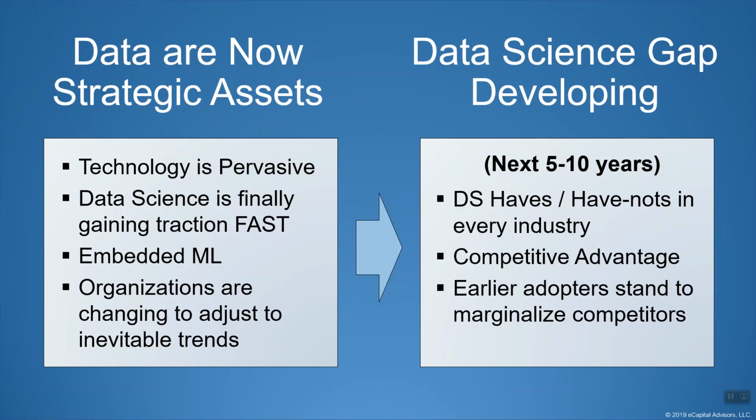Over the next 5 years, and certainly over the next 10 years, companies who are adopting predictive analytics, decision optimization, data science, and advanced analytics will start to get a foothold and be part of this gap in data science haves and have-nots.